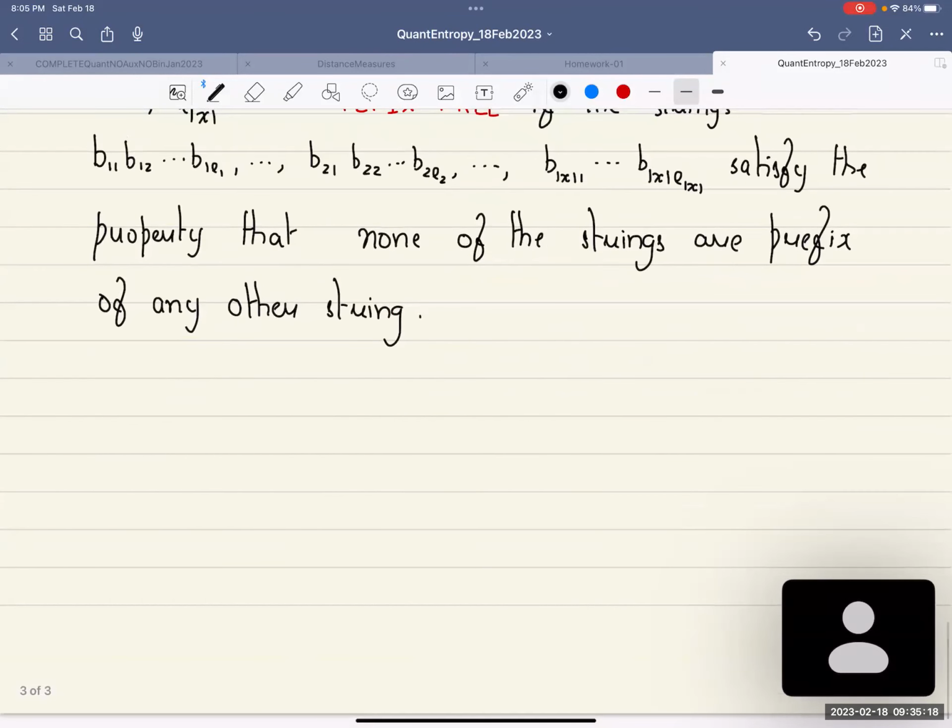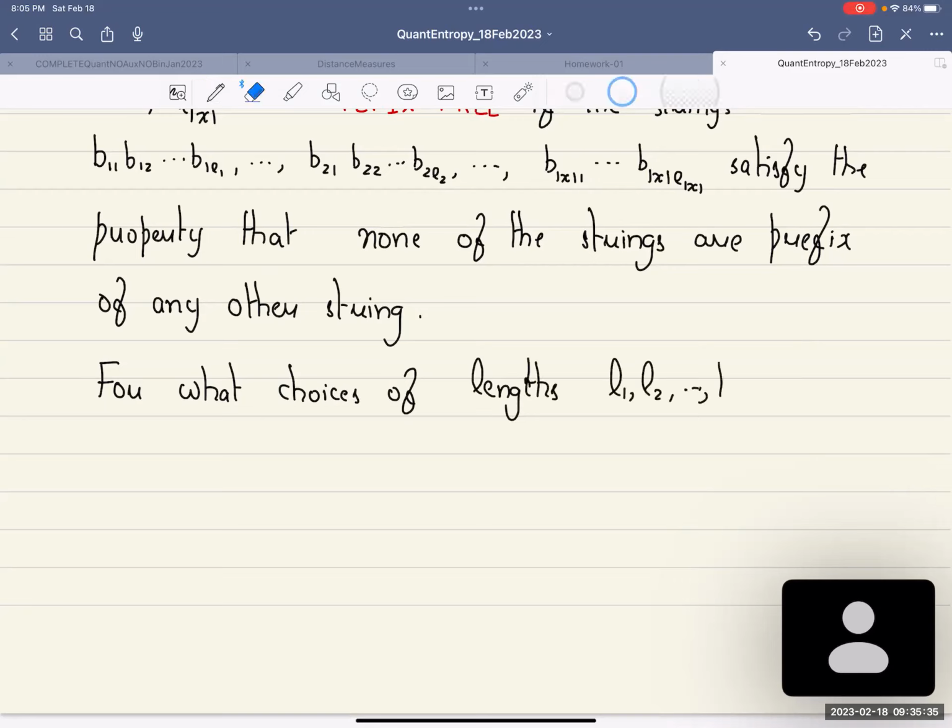Now the question is, for what choices of lengths L_1, L_2 to L_X does there exist a prefix free code? That's what you're interested in.